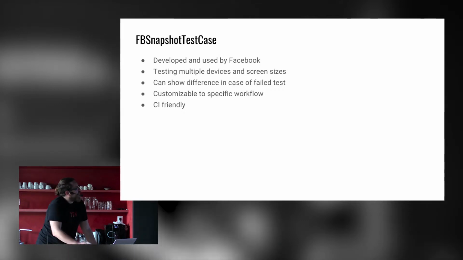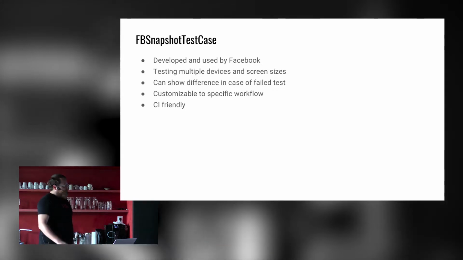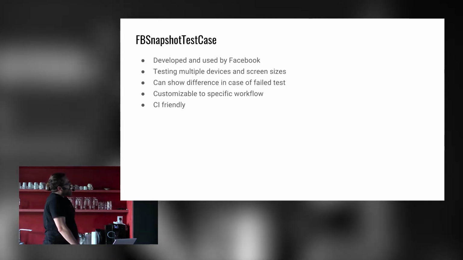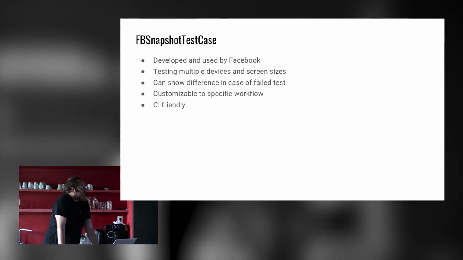So we have a little library that is called FBSnapshotTestCase. This is the library developed and used by Facebook. They actually use it for testing their own app. The library can test multiple devices and screen sizes, and it can show visual difference in case the test fails.